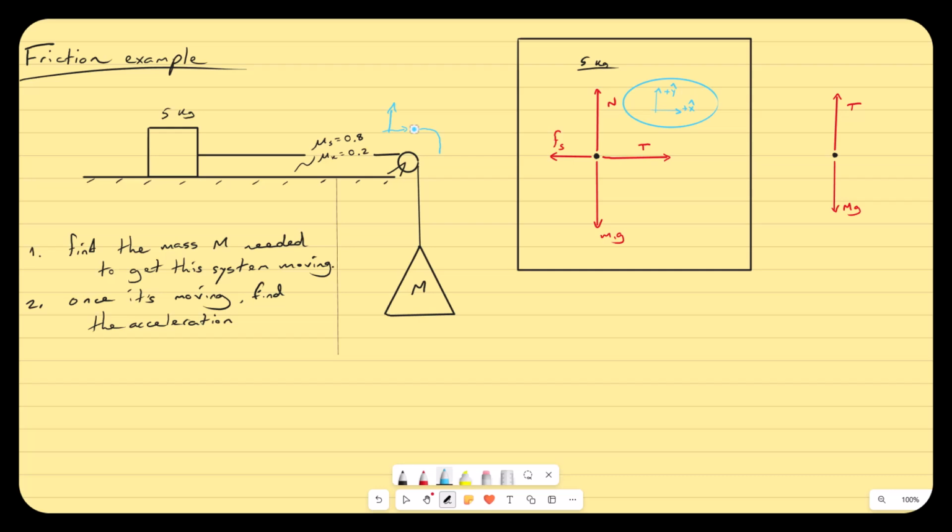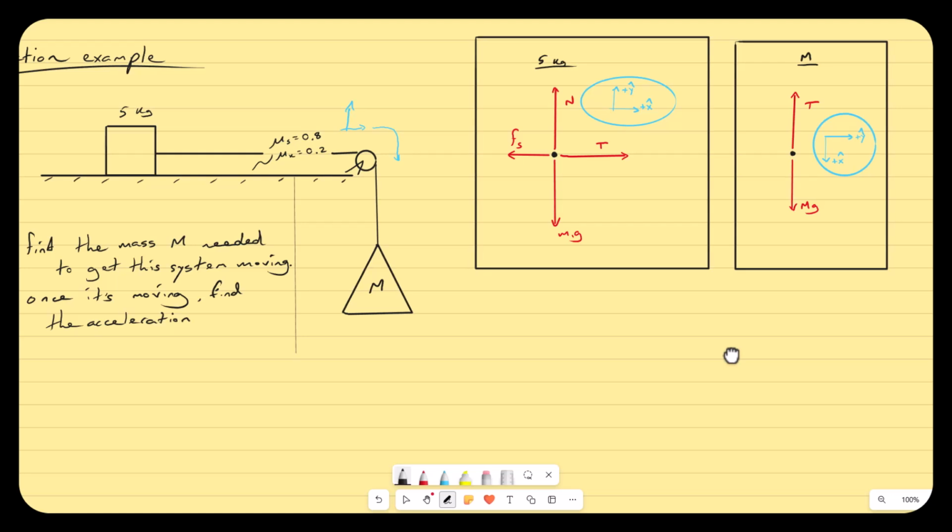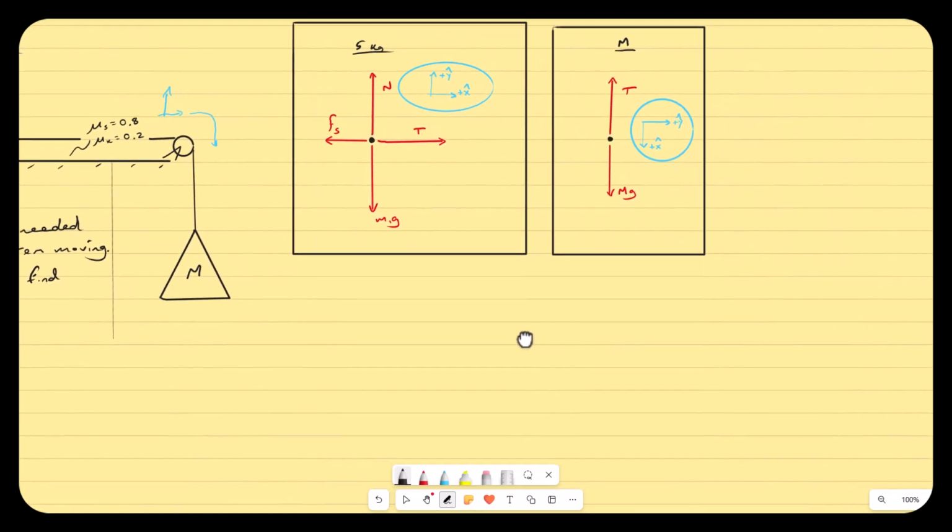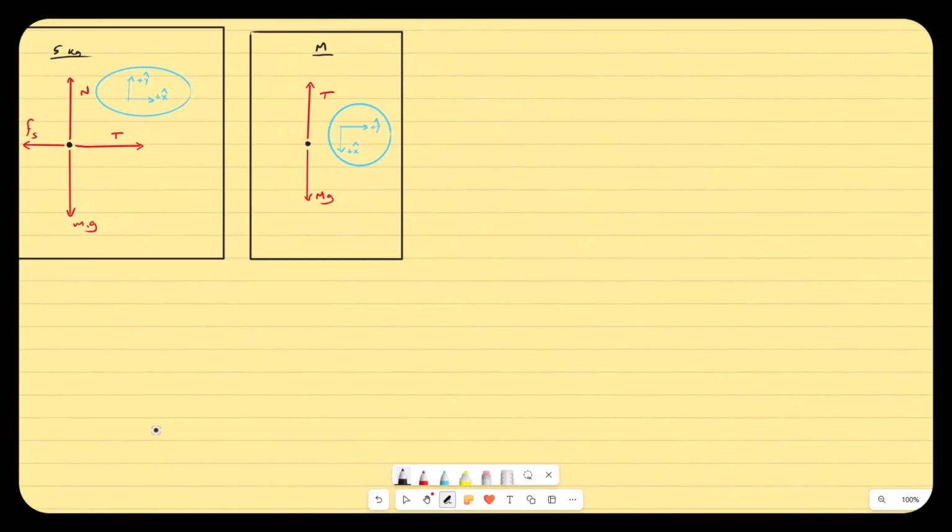That curves over my pulley, so I have to have downward be my positive x-axis here, and to the right be my positive y. Circle that thing, put a box around that whole free body diagram, and I'm going to label this one just capital M. There we go. I'm looking for the mass needed to get this system moving. That's my first question.